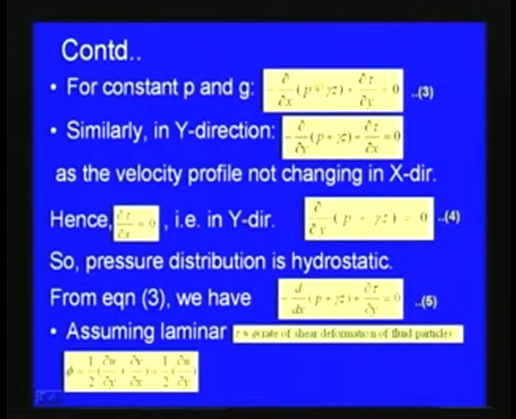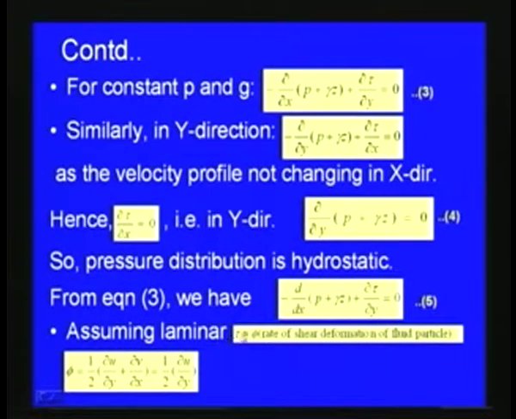Now as far as equation 3 is concerned, the pressure is varying only with respect to x. So, we can write minus d by dx of p plus gamma z plus del tau by del y is equal to 0, as in equation number 5. Here, if we assume the flow is laminar, then the shear stress is approximately equal to the rate of shear deformation of the fluid particle.